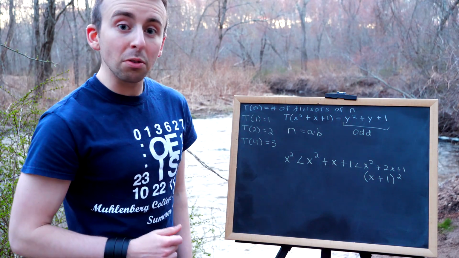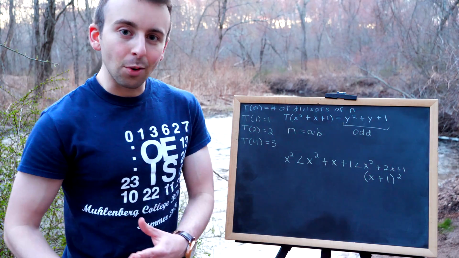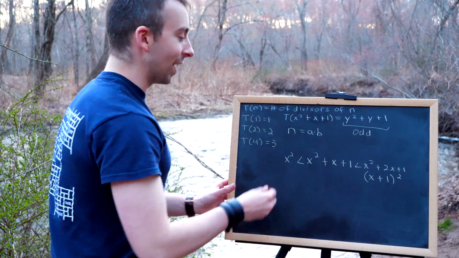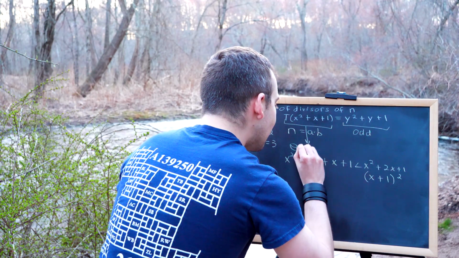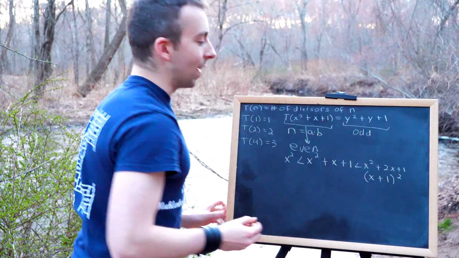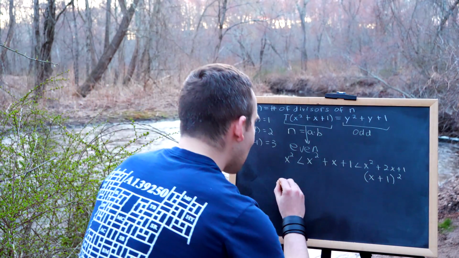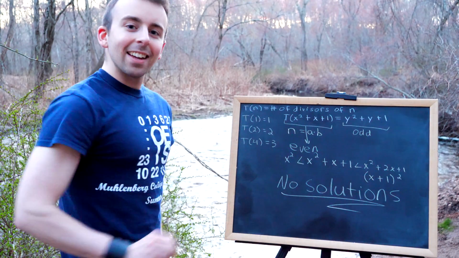So for all values of x, x squared plus x plus 1 isn't a square, and so its number of divisors, in fact, has to be even. And so what we have on the left side of this equation is always even. Thus, since an even number can never equal an odd number, this equation has no solutions. And that's it.